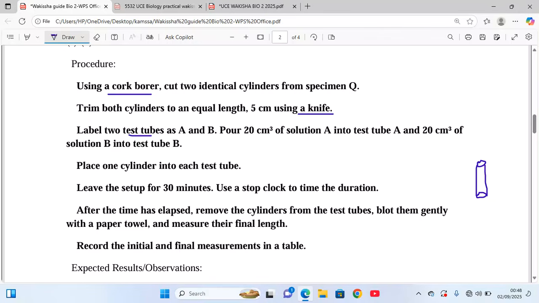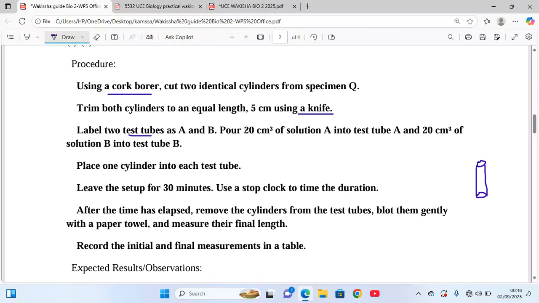Label 2 test tubes A and B and pour 20 cubic centimeters of solution A into test tube A and 20 cubic centimeters of solution B into test tube B. Then put the potato cylinders in each test tube and leave the setup for 30 minutes.